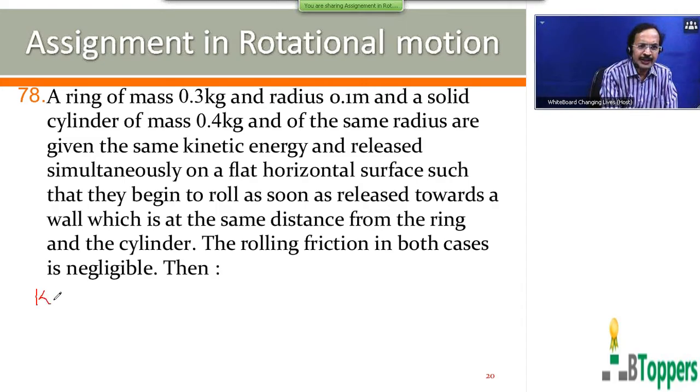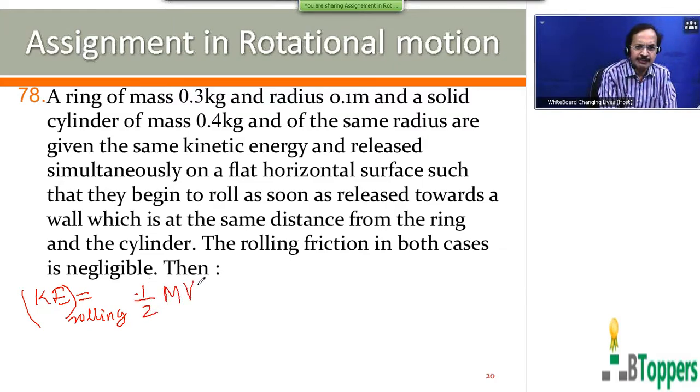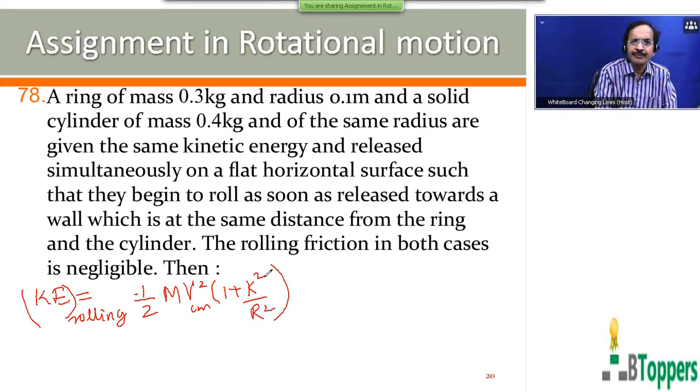As I discussed in the past, the kinetic energy of a body of mass m, which rolls on a fixed horizontal surface without slipping, can be half m v cm square into 1 plus k square by r square, where k is the radius of gyration about the axis passing through the center of mass and parallel to the surface on which it rolls, and r is the radius of the rolling body.